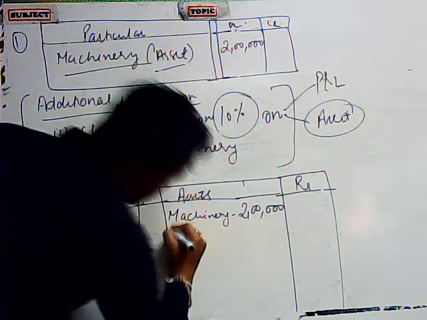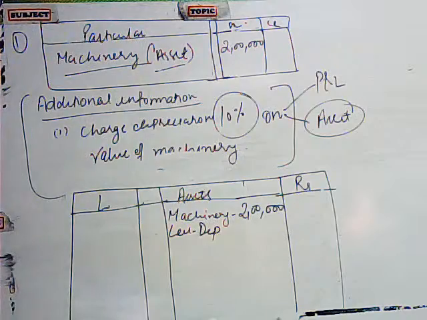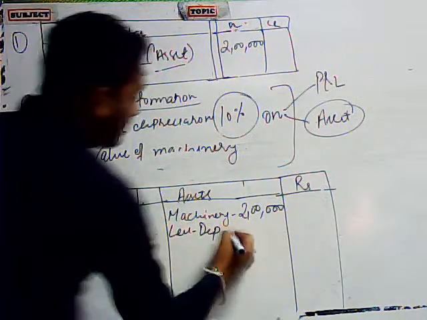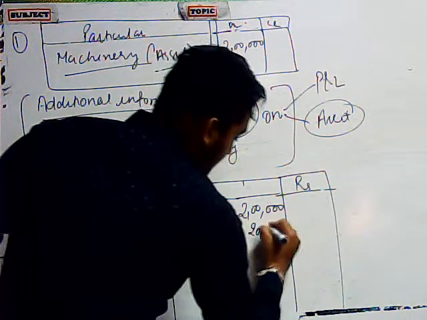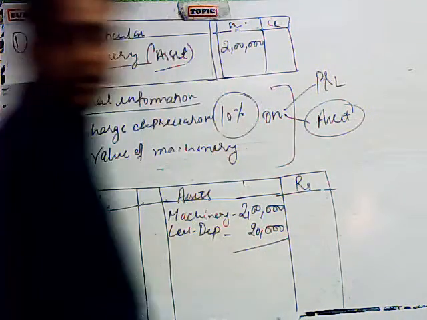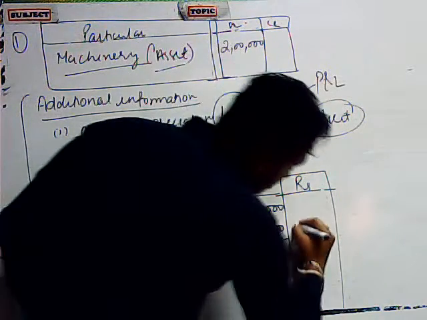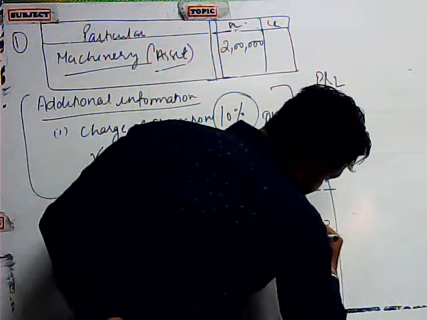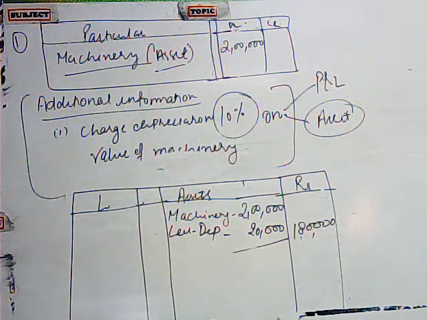Under machinery, we write the value of machinery less depreciation of 20,000. So 2 lakh minus 20,000, and the remaining value is 1 lakh 80,000. Clear, everyone?